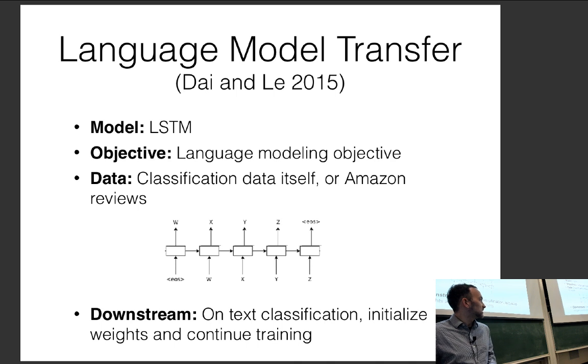And the reason why is basically just the gradient information that you get from predicting the next word at every time step is just a lot stronger, a lot more informative than a single yes or no label from the text classifier data itself that you get at the very end of the sentence. So I think this is a good result, and they kind of deconflated the problem of data.